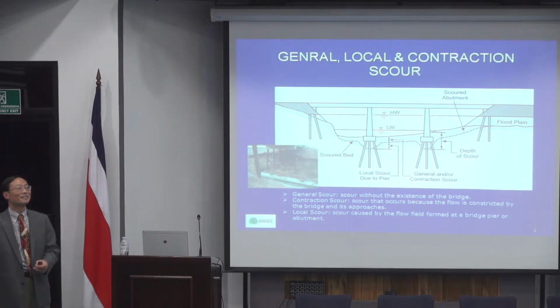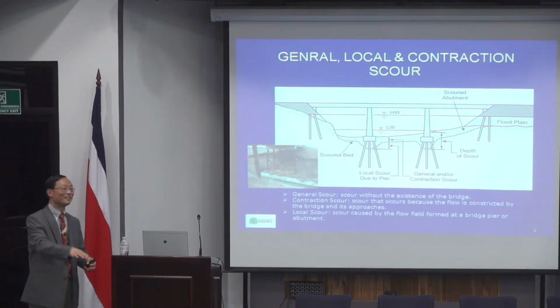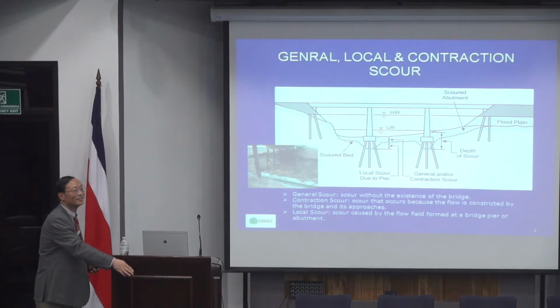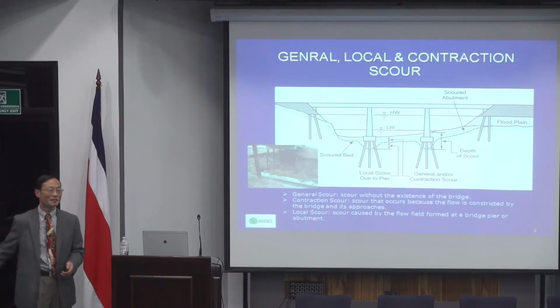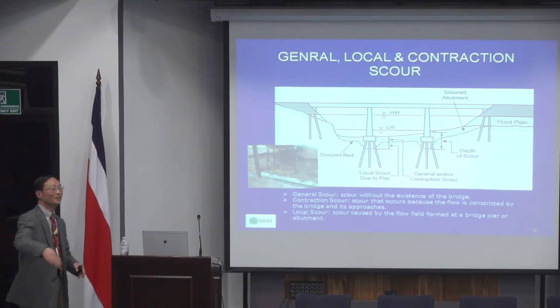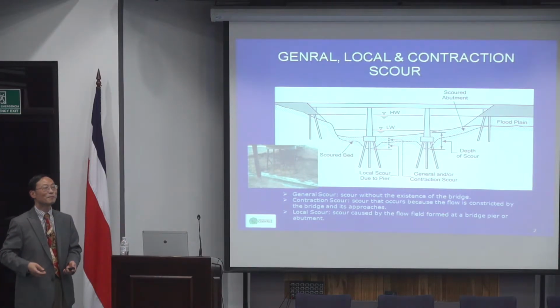Of course, because the total mass is the same, at certain areas the stream bed gets lower and lower. In other words, during the course of history, the streambed elevation will change. That's vertically. Also, the stream shape will change too.